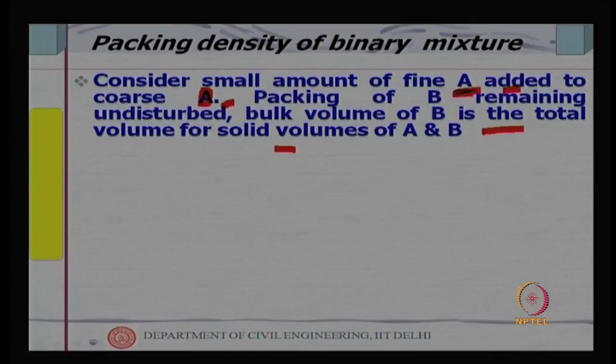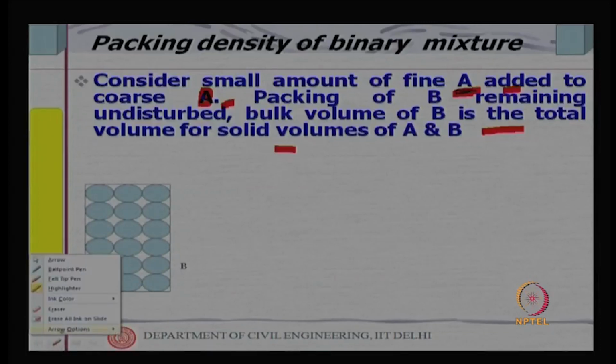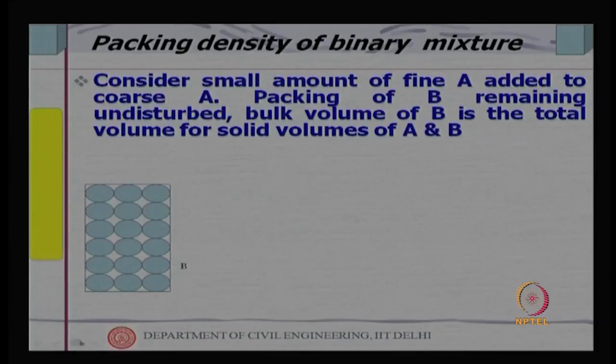What we are trying to say is, supposing I have all large particles B, and I am adding a small amount of fine particles. So, they will simply go into the interstices of the coarse particles, occupy these spaces.